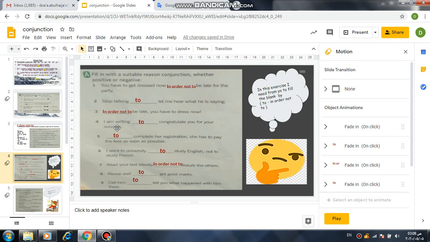Number 4. I'm writing to congratulate you for your success. Number 5. To complete your registration, she has to pay the fees as soon as possible.